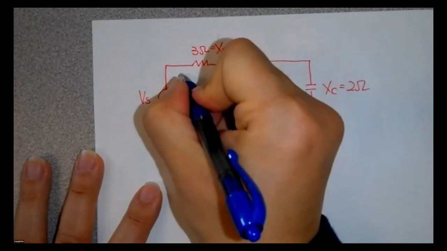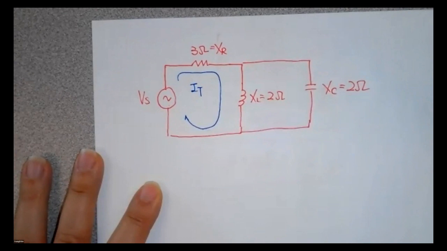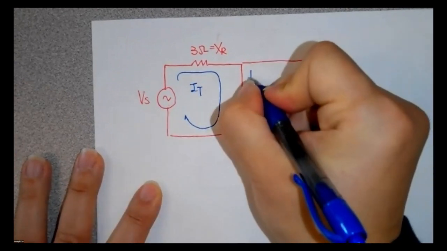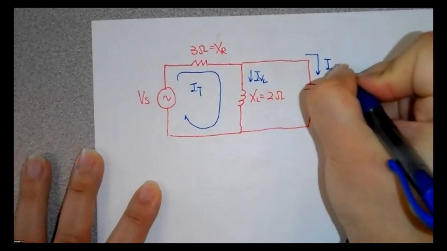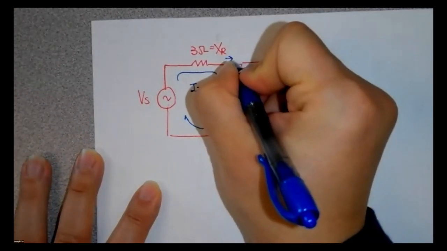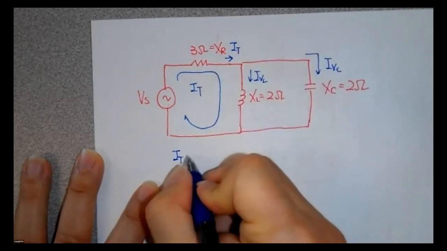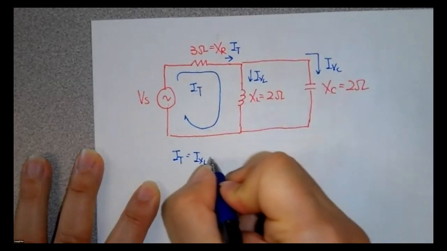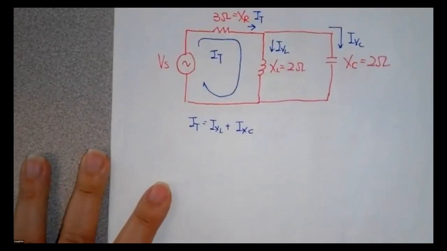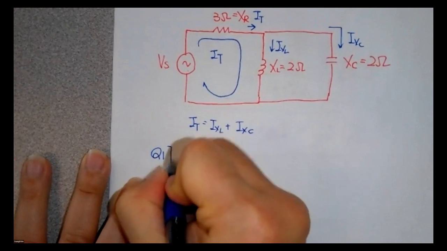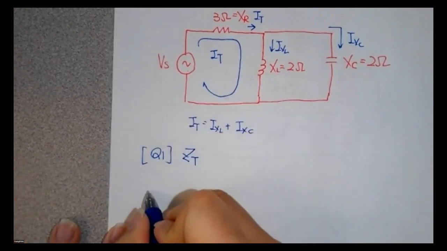And that was I sub T, and that was I sub X sub L and I sub X sub C. Definitely that is the total current. So I sub T is I sub X sub L plus I sub X sub C here. So question 1, what is the G sub T?